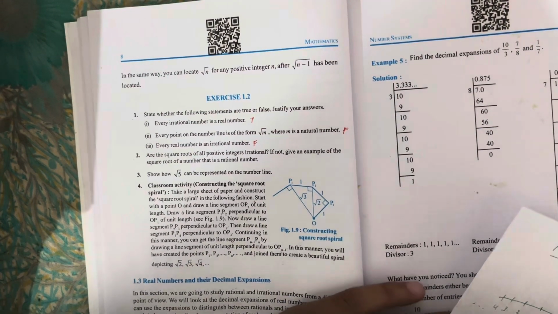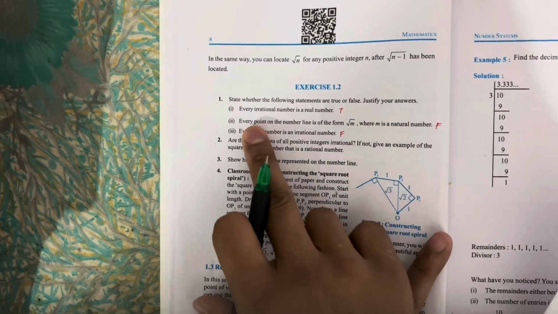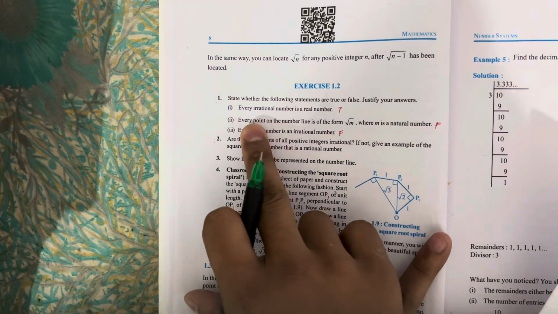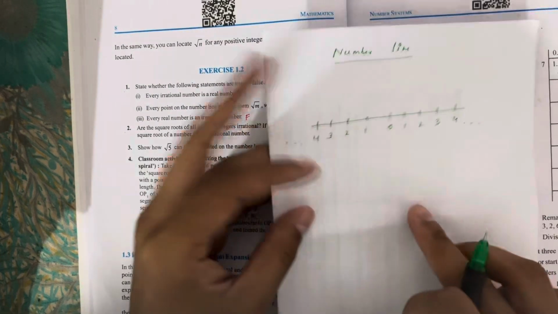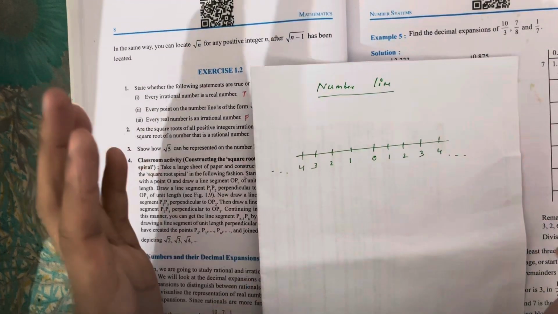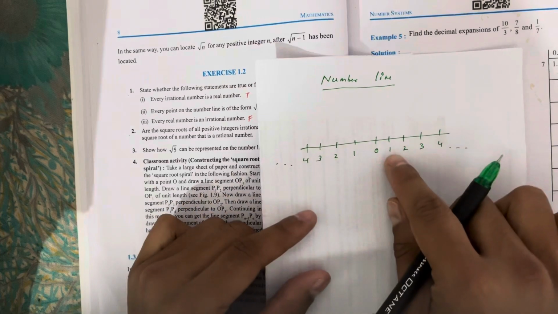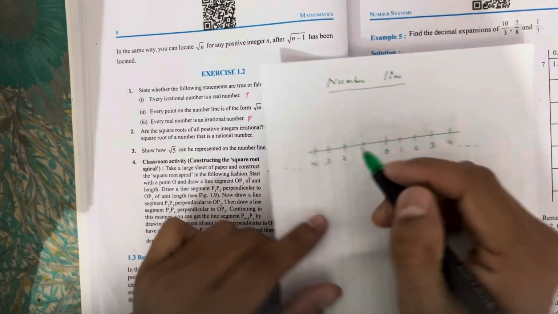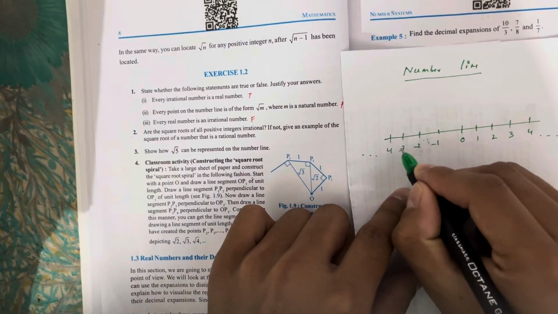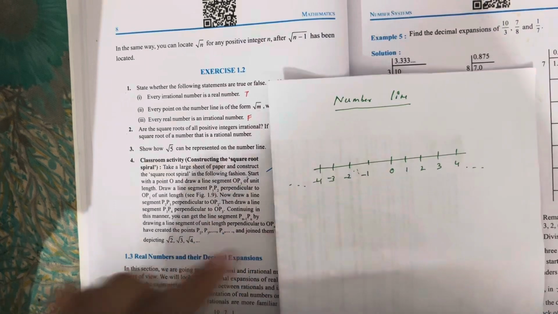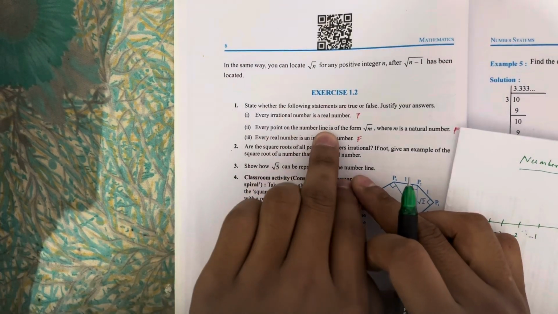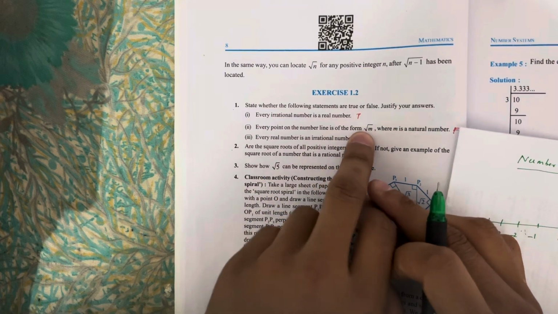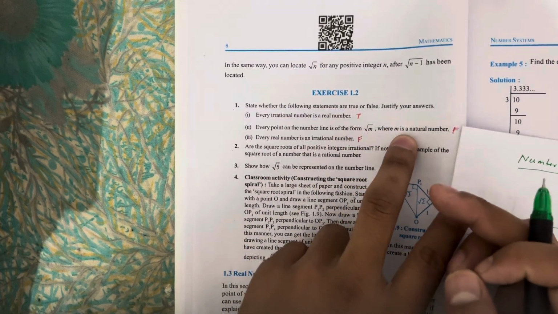The statement said that every point on the number line, this is the number line, which you already know includes positive integers and negative integers, is of the form root m, where m is a natural number.